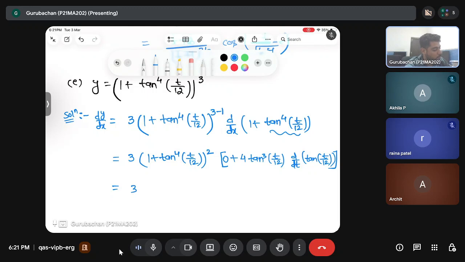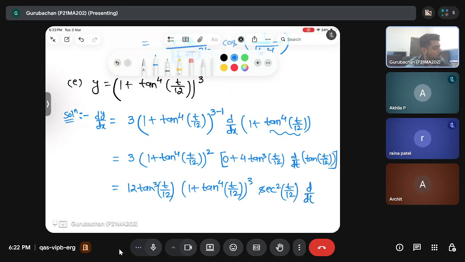So this will give you, if you solve it, 12 tan cube t by 12 into 1 plus tan to the power 4 t by 12 cube, and this will be secant square t by 12 into d by dt of t by 12.